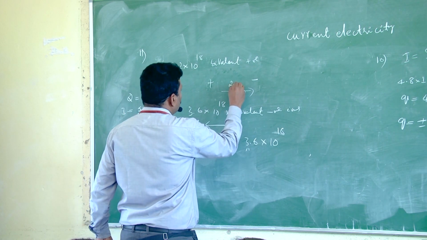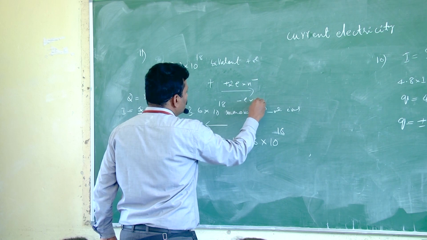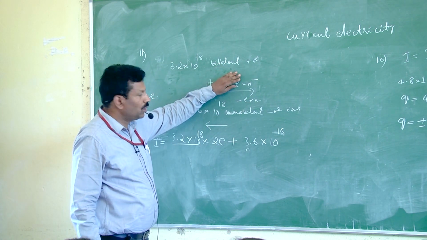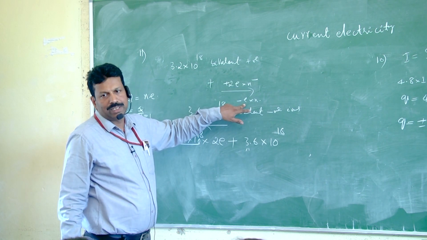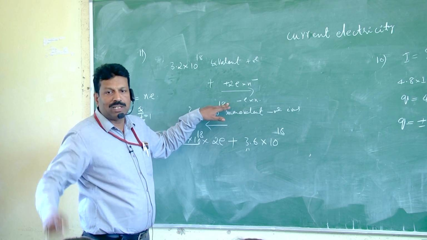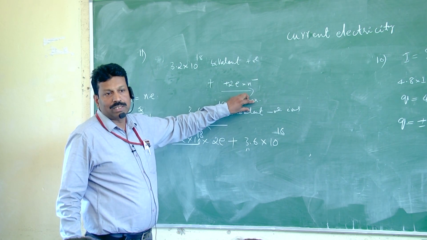So plus 2E into this number and minus E into this number. Since negative ions are moving in this direction, we have to take this plus this, because if the negative ions are moving, the same number of positive ions move in the opposite direction. We should not subtract.